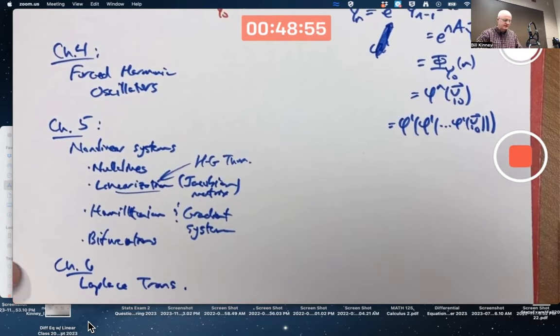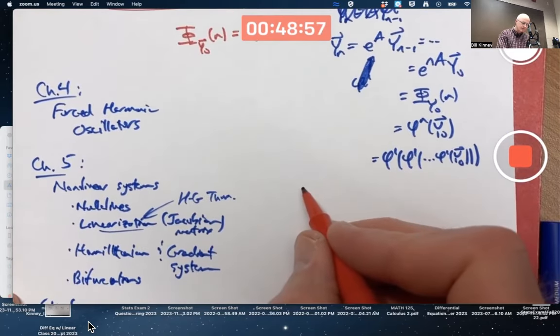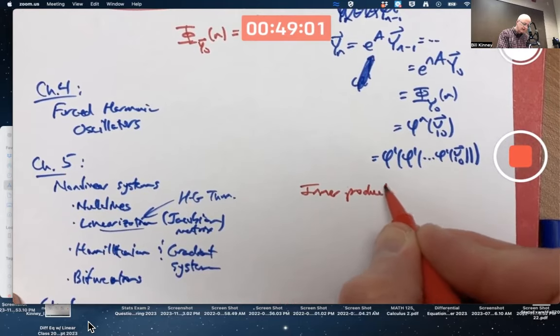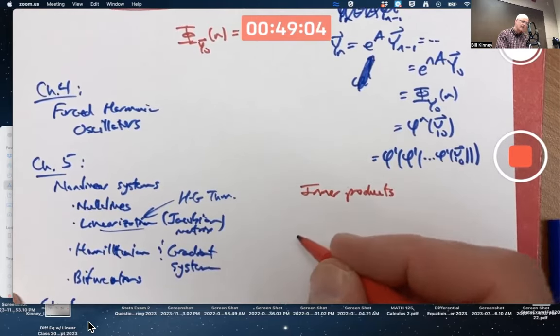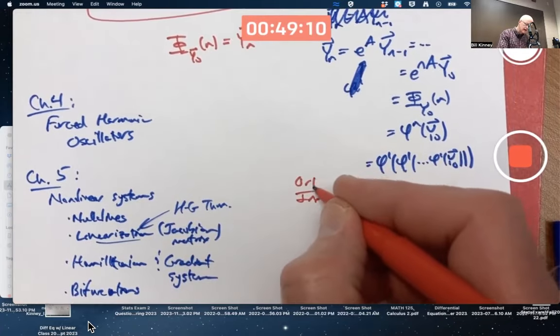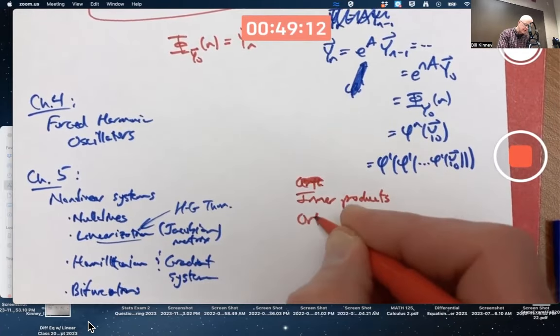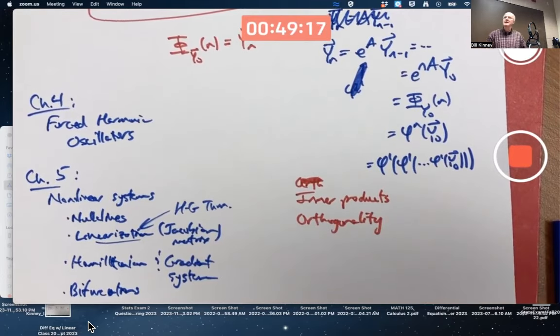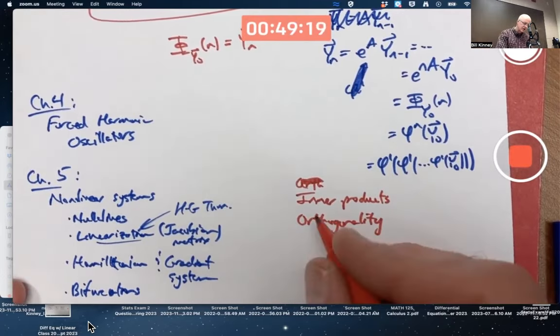With the linear algebra, we started getting into things like inner products and inner product spaces. We had talked about also, with ordinary vectors, things like orthogonality. Let me put that under the inner product stuff. Orthogonality with respect to ordinary dot products and orthogonal projections.